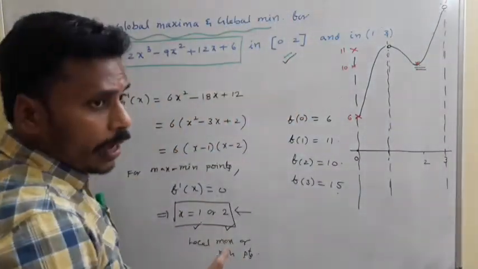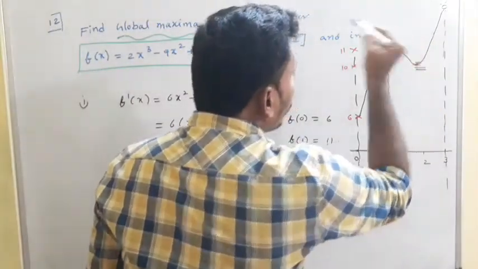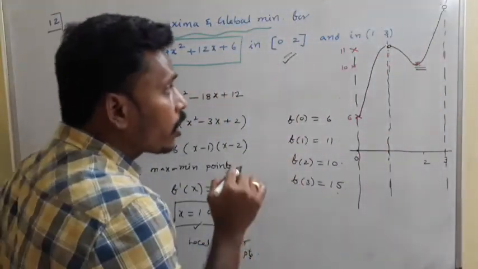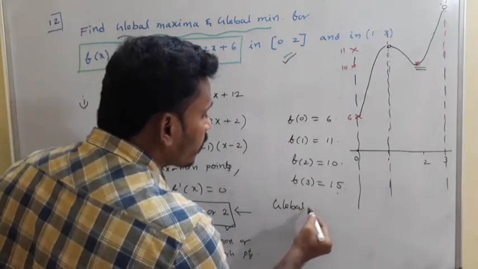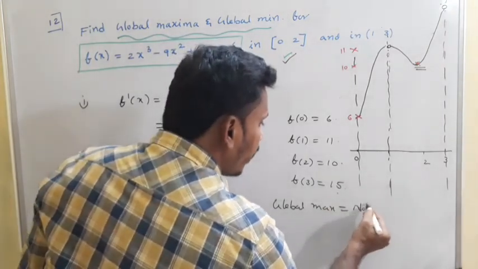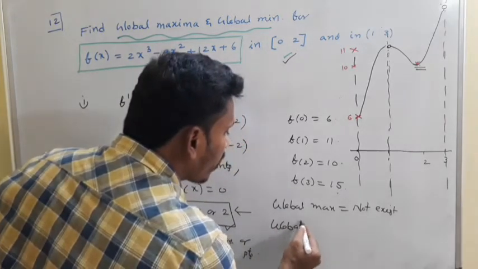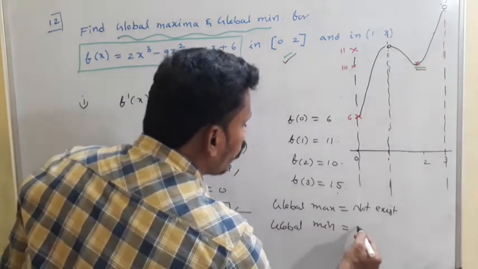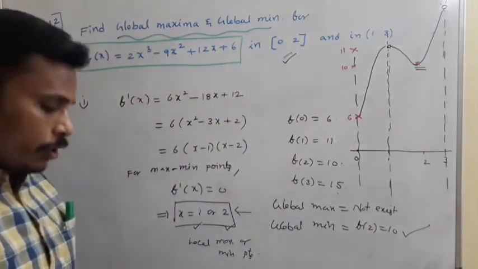That's why actually maxima would be at 3, but 3 is not included in this interval, and that's why this problem has no global maxima. Global maxima for this function in the interval does not exist. Whereas global minima exists at 2, and that value is f of 2, which is equal to 10. That's my conclusion. You just have a look.